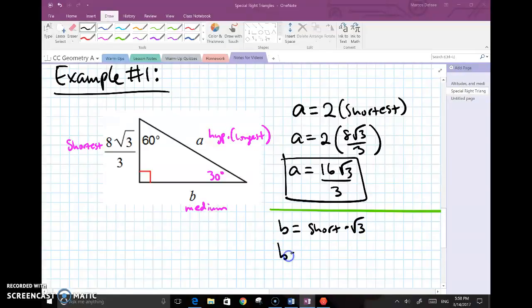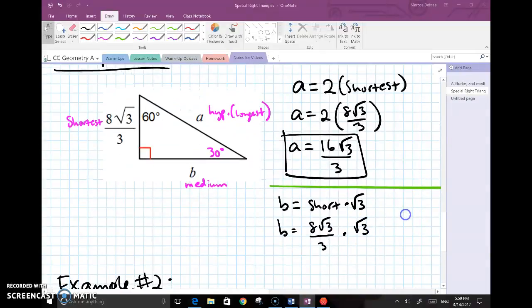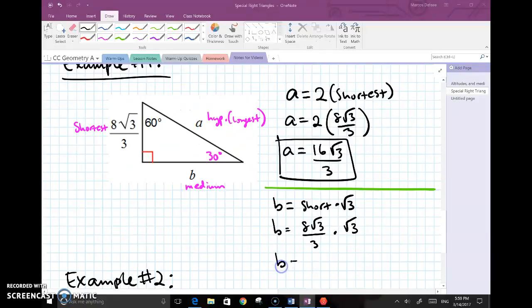Okay, so replacing what I have, the short side is 8 radical 3 over 3. So 8 radical 3 over 3, and I'm going to multiply that with my radical 3. When I simplify this, what I get is that b is equal to 8 times 3 over 3. And then this just means that these two 3's cancel out, and I'm left with 8.